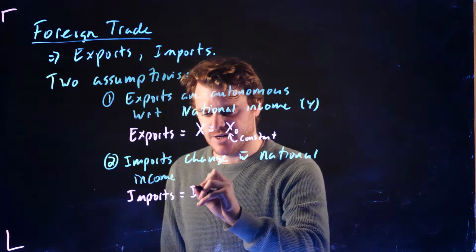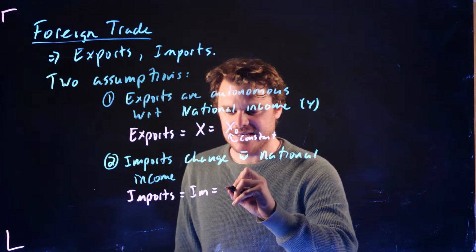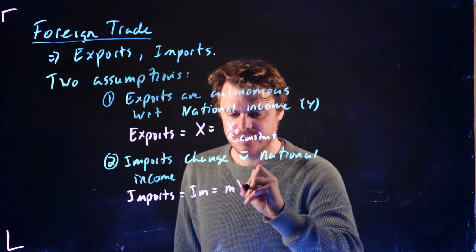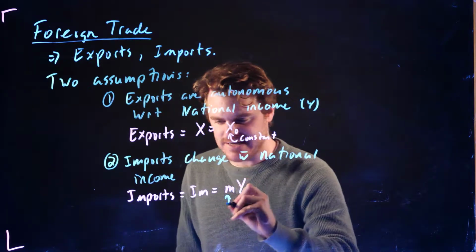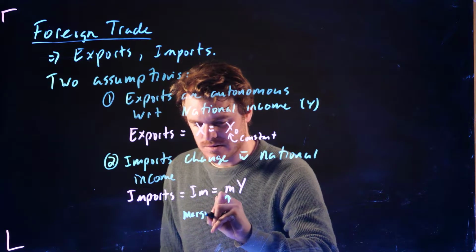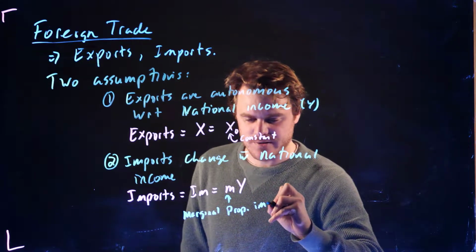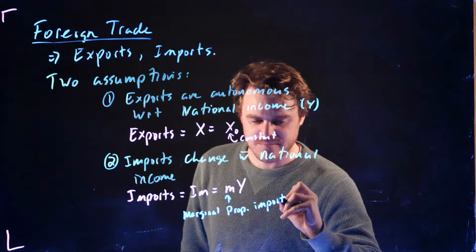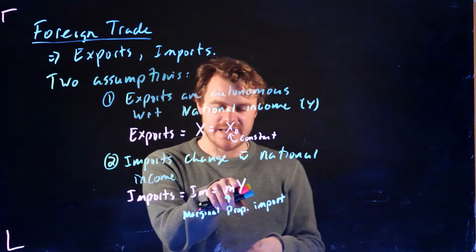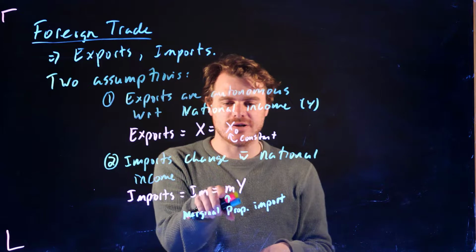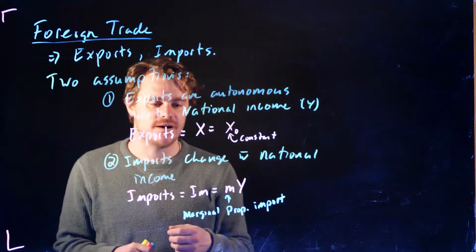We're usually going to use IM for short. We're going to assume that it relies on Y. So we're going to say M times Y, where this M is the marginal propensity to import. So if our national income goes up by $1, we're going to spend M amount of that dollar, some fraction of that dollar, on imports. So that's the idea there.